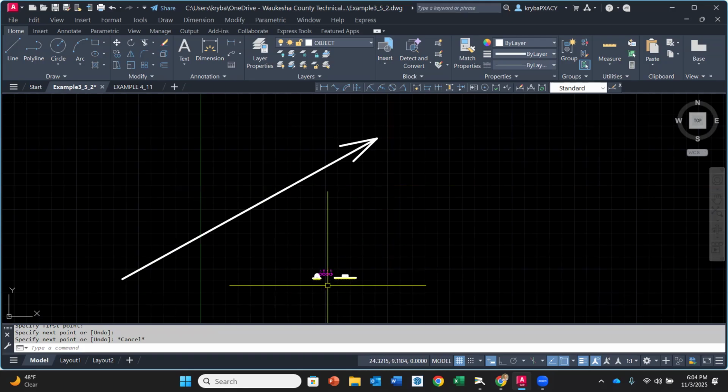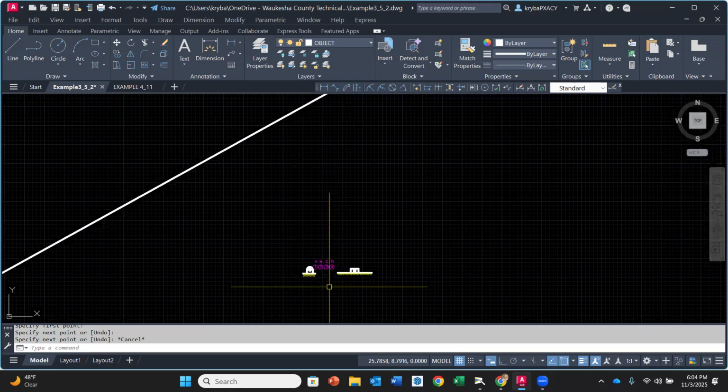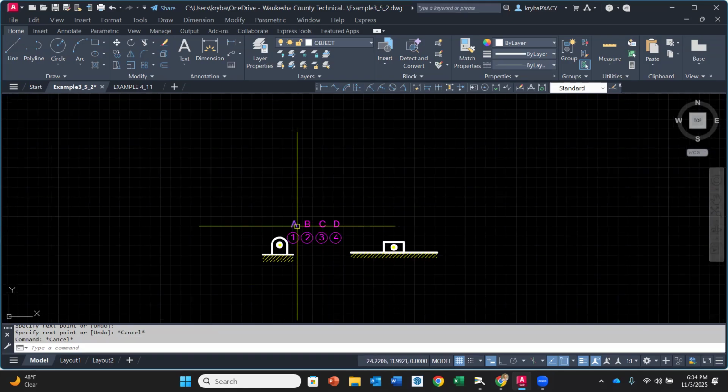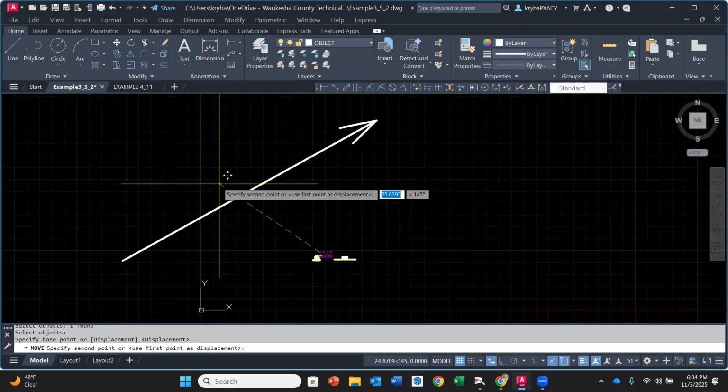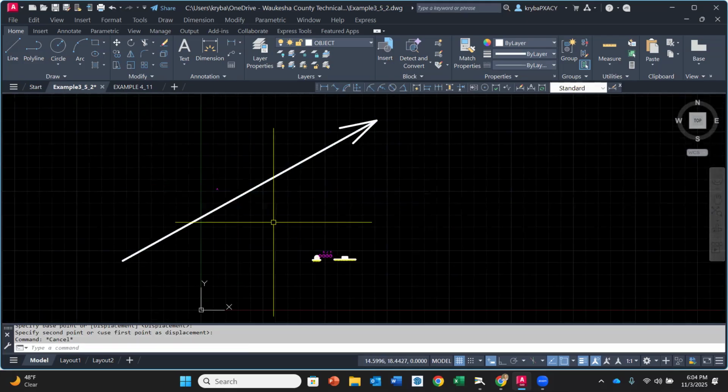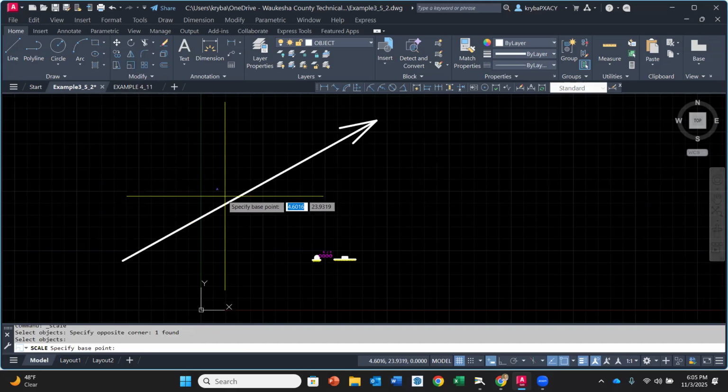All right. Then what we're going to do is we have these letters down here, right? So I'm going to move A and I'm going to put it, I don't know, right about here. It's pretty small. If I would do a screenshot of this right now, I wouldn't see the A. So I need to scale that up. So I'm going to go to my modify section here where scale is. I'm going to select that letter A, hit enter.